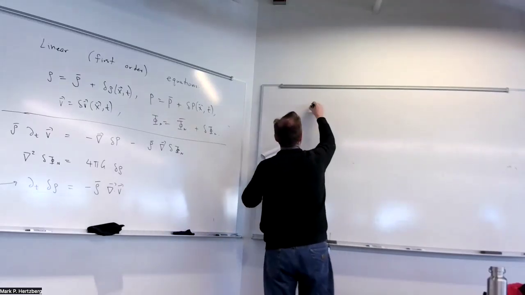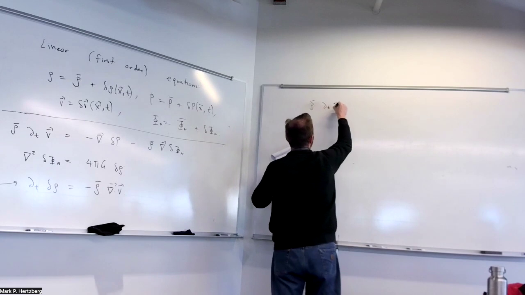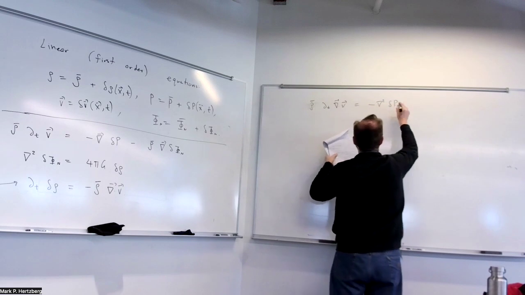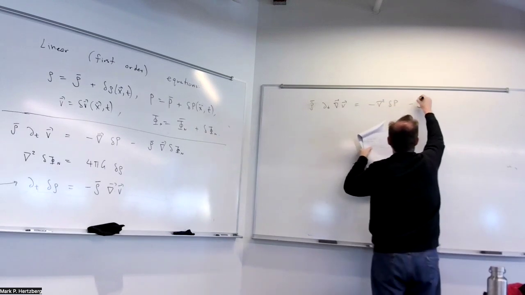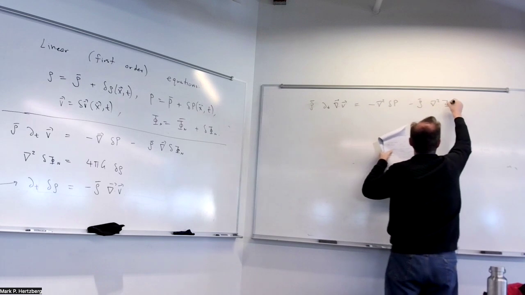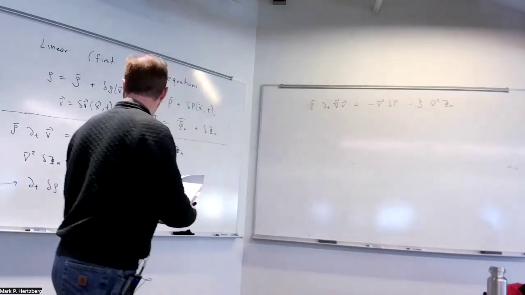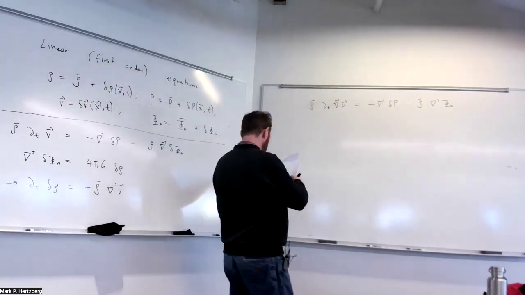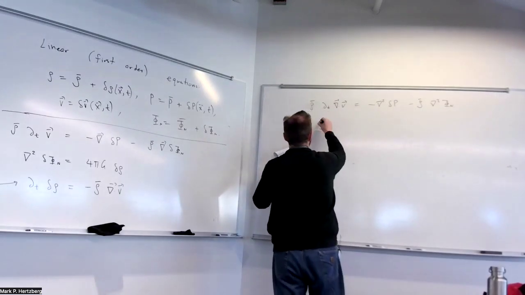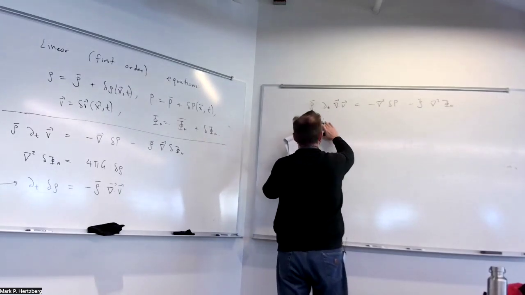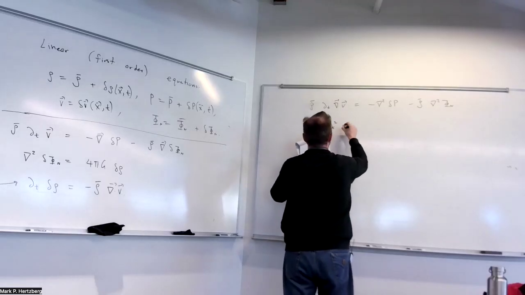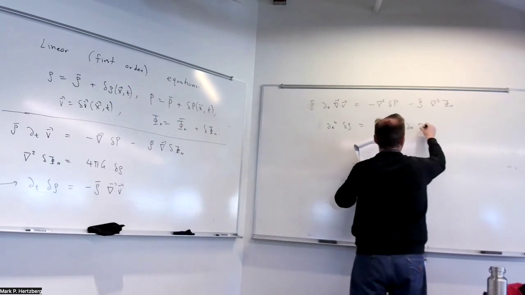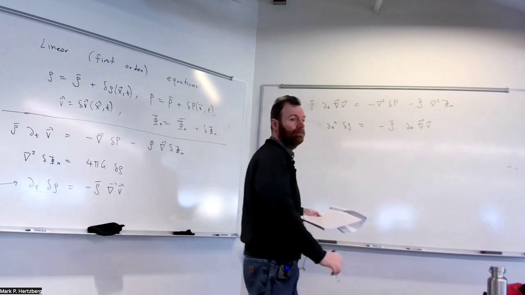This one, rho bar. I took a divergence, that's all I'm doing. Laplacian delta p now. And Laplacian of the Newton potential. Okay, I took a divergence of that. Now I take a time derivative of this one. I get that.